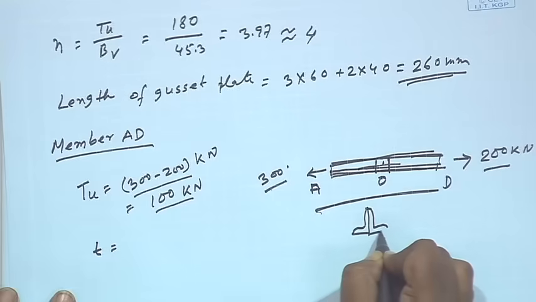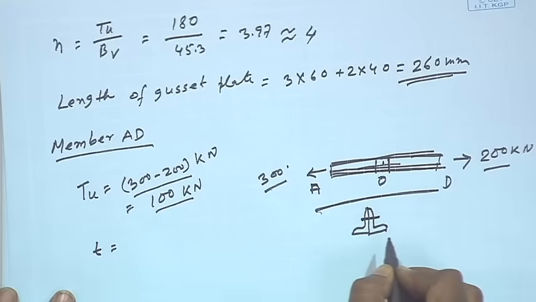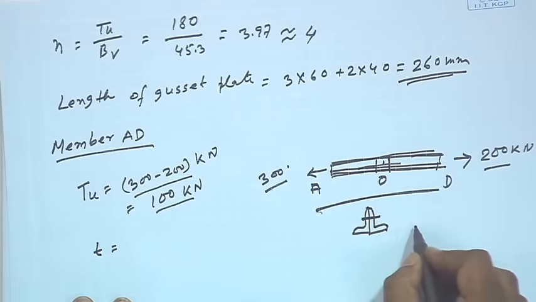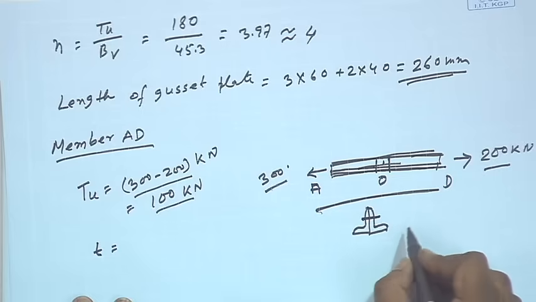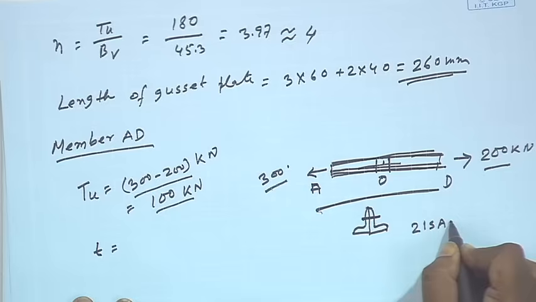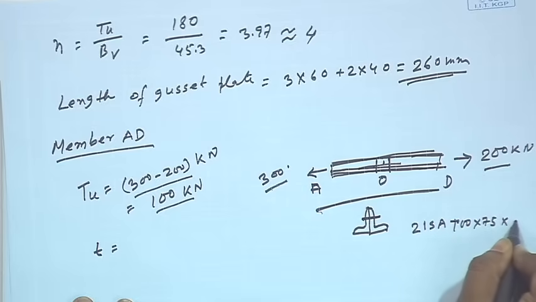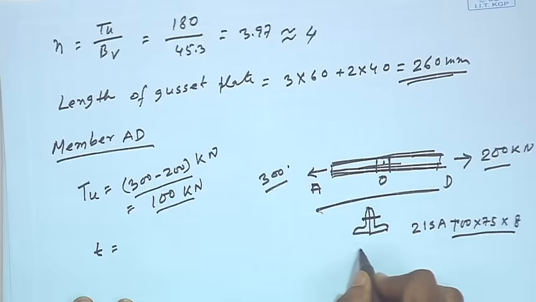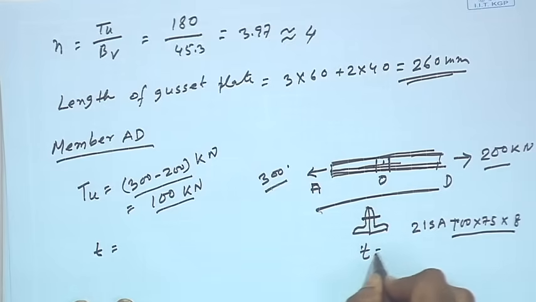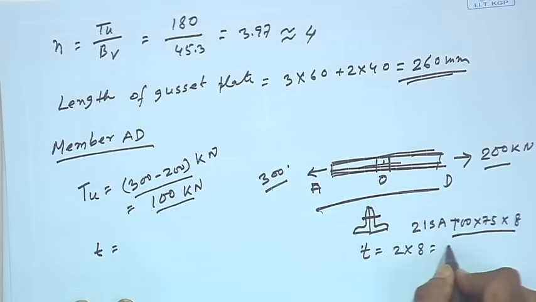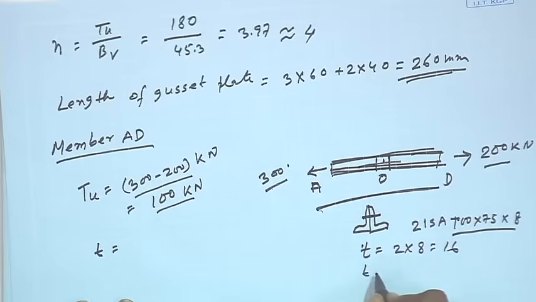So, we can consider the thickness as twice the single angle thickness. That means this is 2 ISA 100 by 75 by 8, so the thickness here will be 2 into 8 equal to 16, and the thickness of the gusset plate we have is 12.